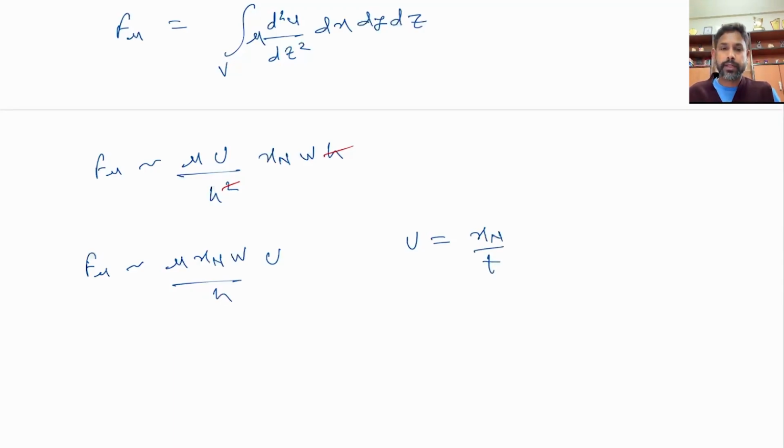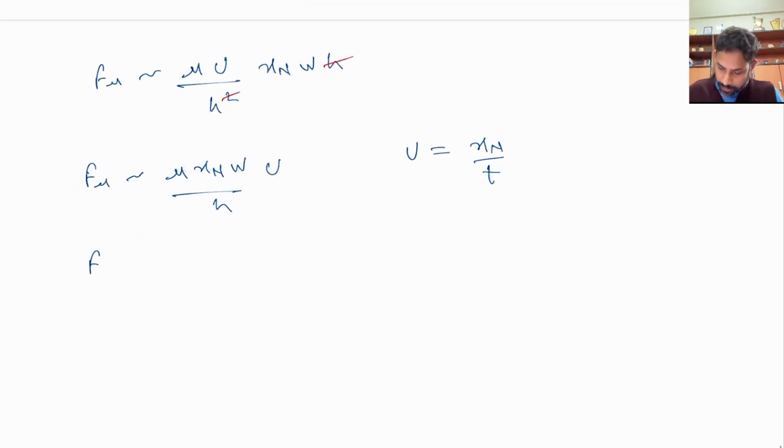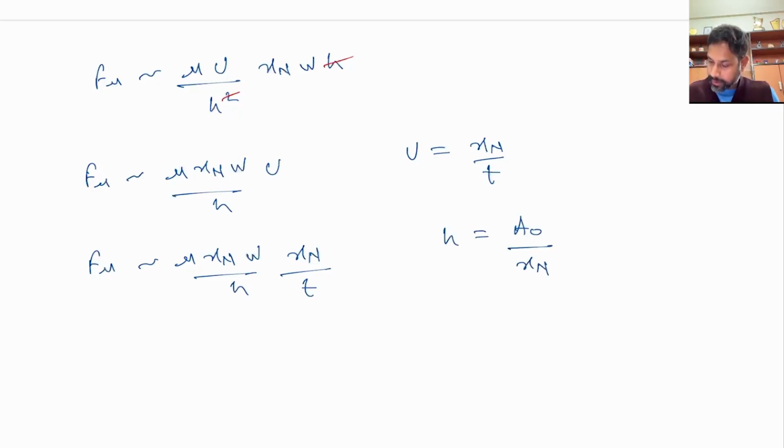That is something we have done before, and that is why this equation will convert into mu xn w over h times xn over t. Another thing we can do here is we can use h as a naught over xn, right?